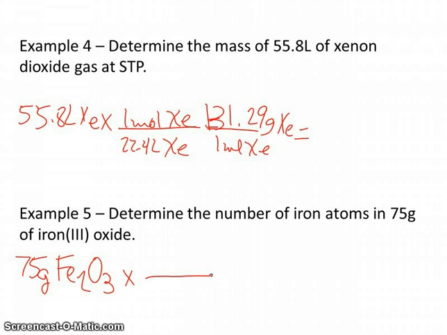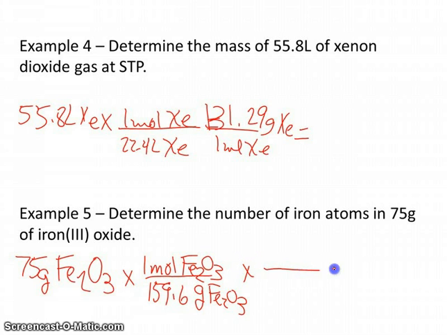We're then going to apply the logic that 1 mole of Fe2O3 is worth a certain mass of Fe2O3, and that mass is going to be 159.6 grams.